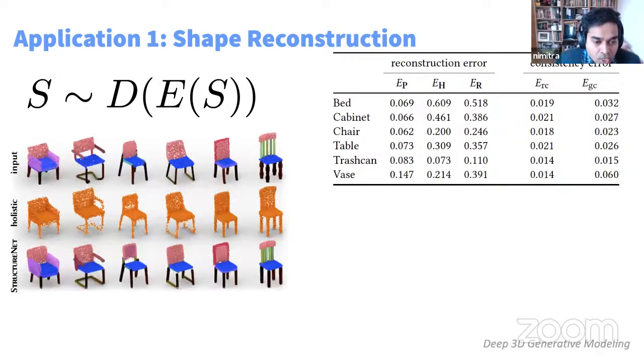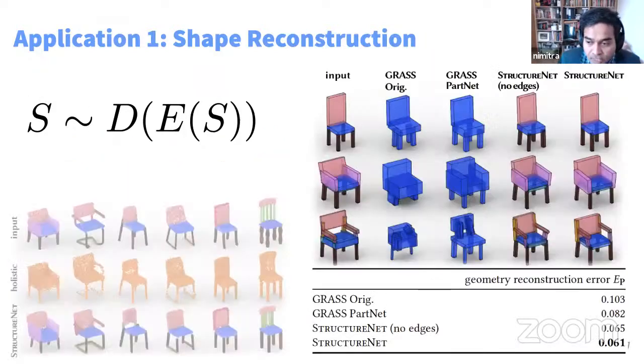And you can look at the reconstruction of StructureNet versus a point cloud-based one: in StructureNet, we get the part level encoding much better in terms of numerical evaluation. It also presents a much more reasonable output, where it matches the input in a perfect sense.